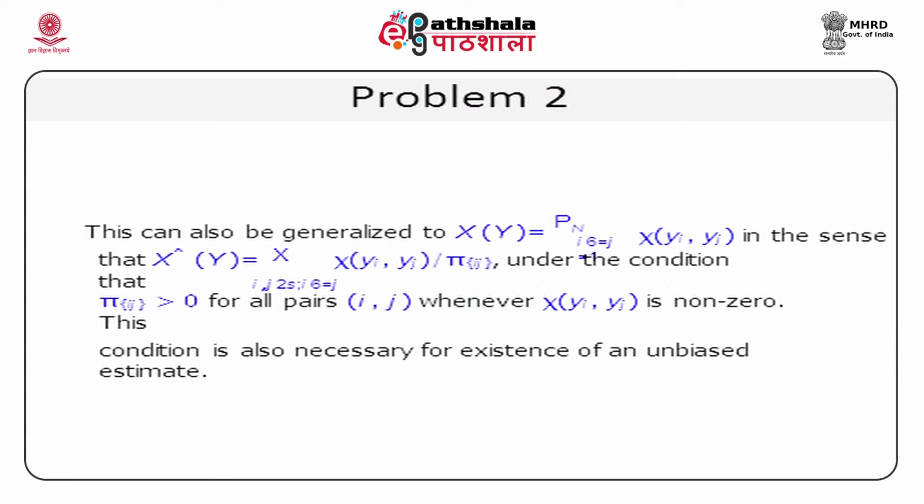This condition is also necessary for existence of an unbiased estimate. Yes, so you can see this time it is an additive function, but every component involves 2 terms y I and y j, two quantities. That is why you need a condition on pi I j strictly positive, and then you divide by pi I j for every pair of units in the sample.